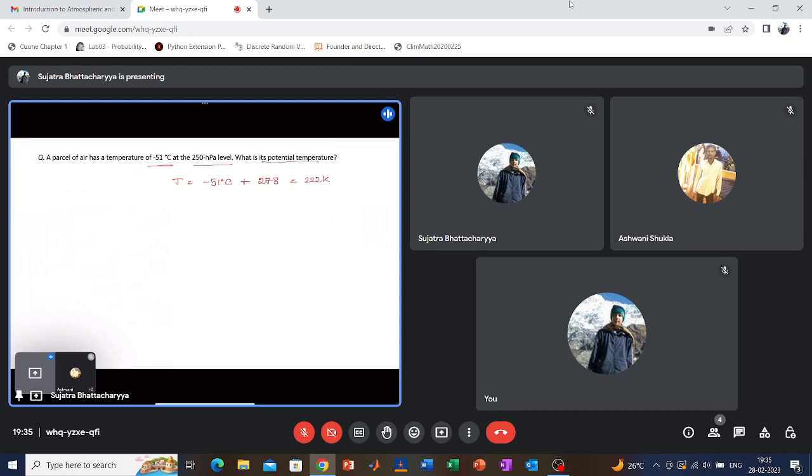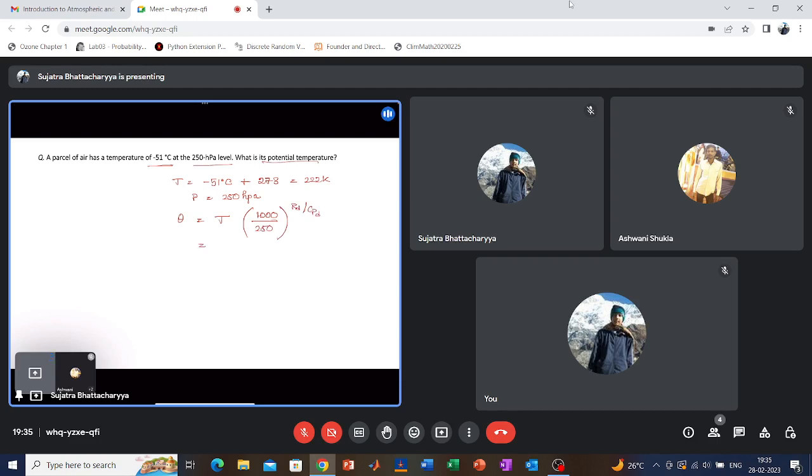Now the pressure level is 250 hectopascals. The reference is set, and it is always 1000. So theta, the potential temperature, will be equal to T times (1000 divided by 250) to the power 0.268, where 250 is the pressure level where the parcel is, and again we consider it to be dry air when nothing is given.